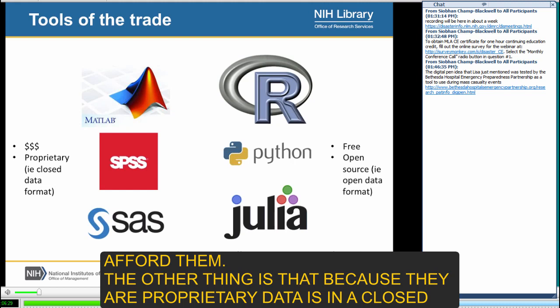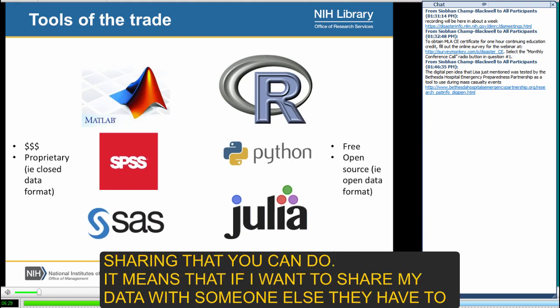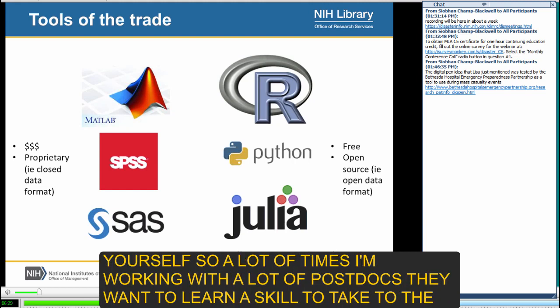The other thing is that because they are proprietary, data is in a closed format. It's not an open format that anyone can use. So this limits the amount of data sharing that you can do. It means that if I want to share my data with someone else, they have to have that same program. It also somewhat limits the portability of your data just for yourself.